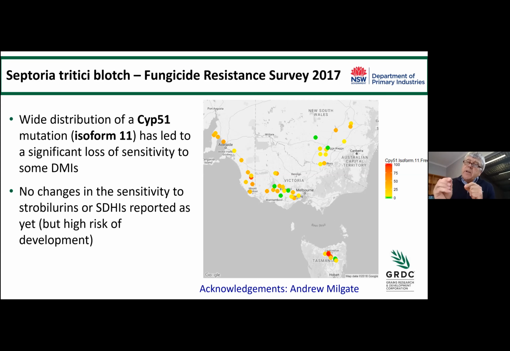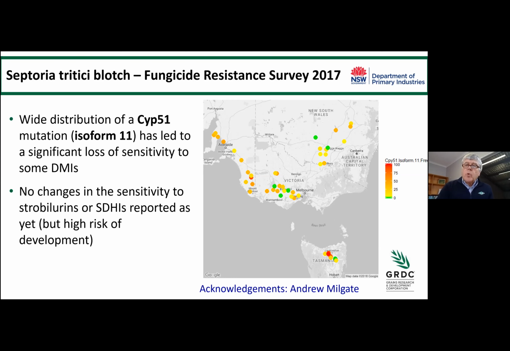And what I'm going to show you now is some experimental results. Please note, in these experimental results, we've applied the fungicide twice. So the same fungicide applied twice. In commercial situations, please don't do this one at home.